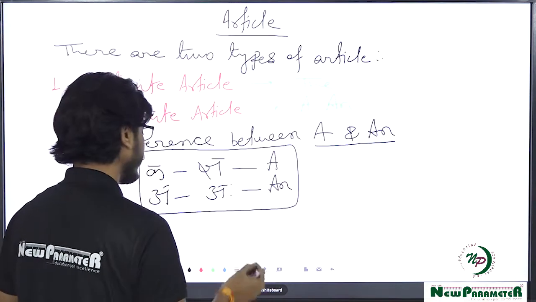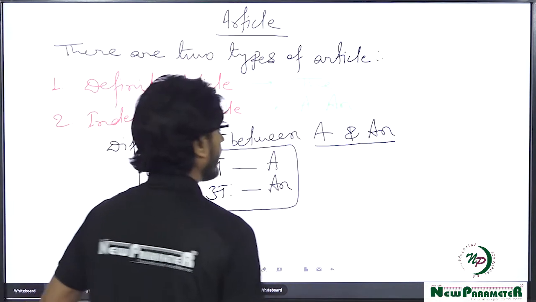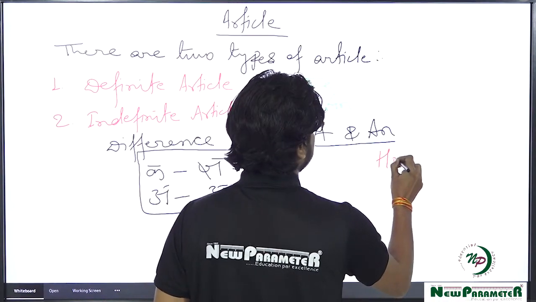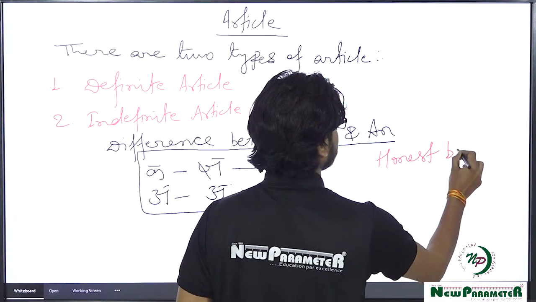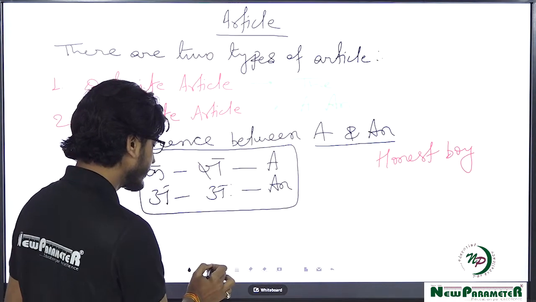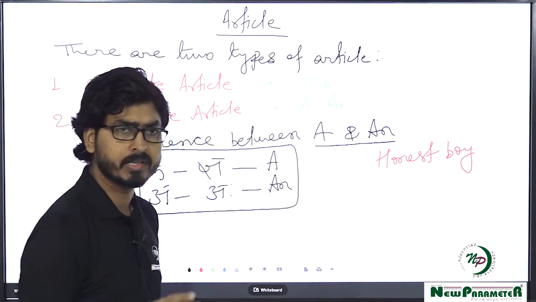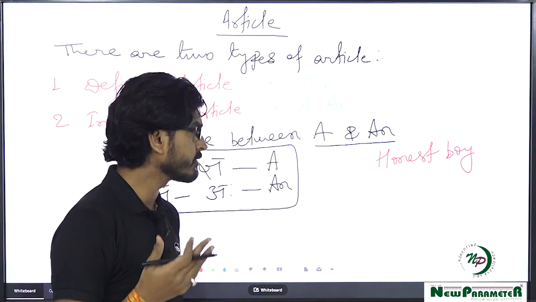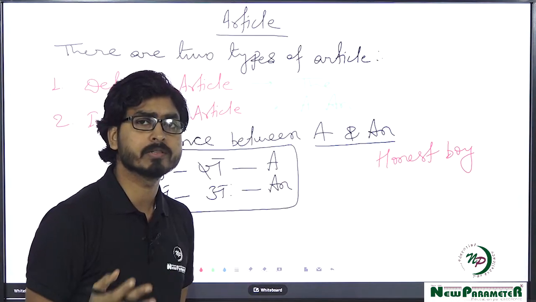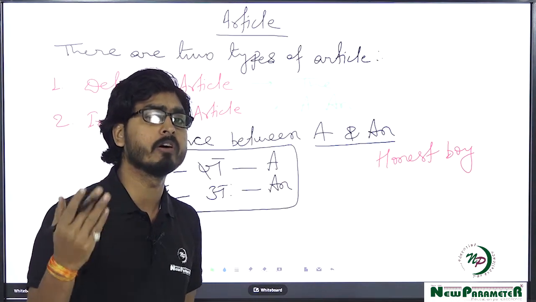Let's see, for example, if I have to say honest boy, we have to simply do one thing. We have to just pronounce this word in Hindi. How will we say it? We don't have to say imandar, not at all. We have to pronounce honest. Honest, yes, tell me honest.